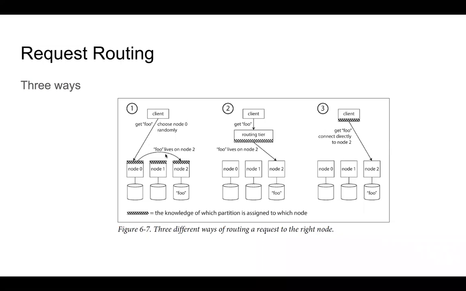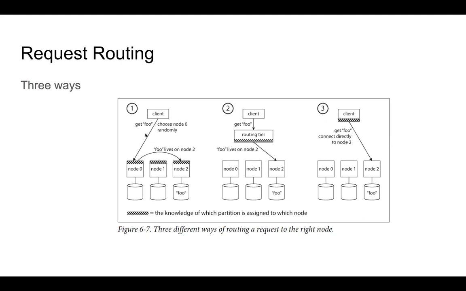There are multiple ways of doing that as well. The first approach is, let's say each node itself knows about the partition tracking. Each node is aware of the partitions. So a client can make a request to any node in the cluster, and that node would know that, okay, I don't handle foo request, foo request is handled by node 2, so it will forward that request to node 2.